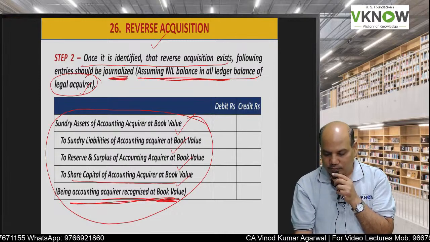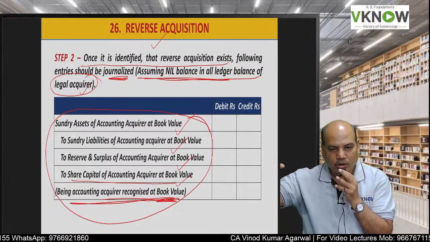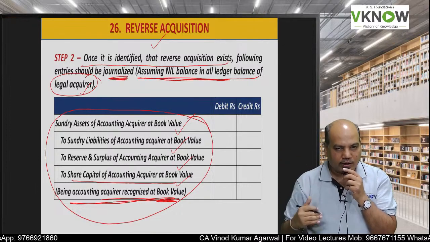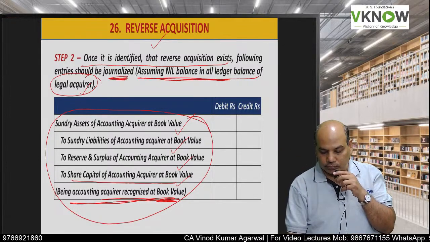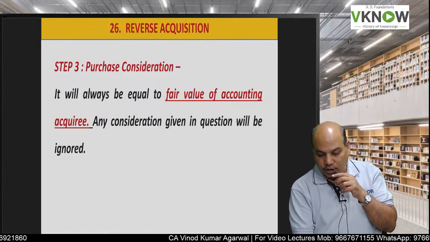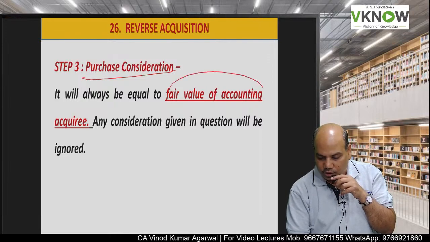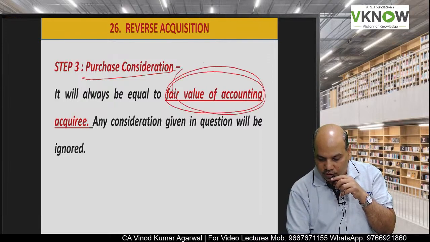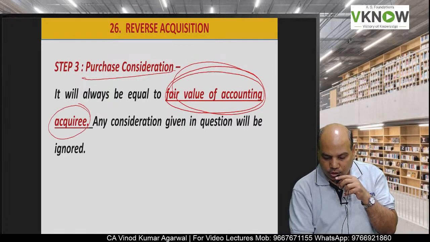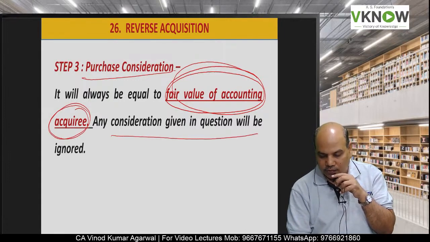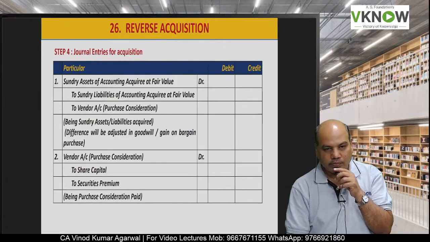So basically you are going to bring all asset, liability, reserve, share capital of the accounting acquirer at book value, and then you will calculate PC. It is always equal to fair value of the accounting acquiree. Any consideration given in question will be ignored.